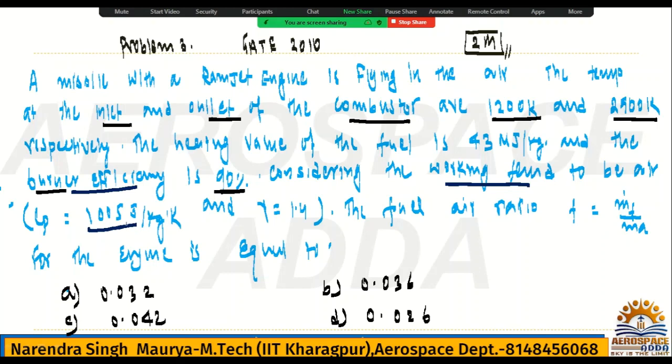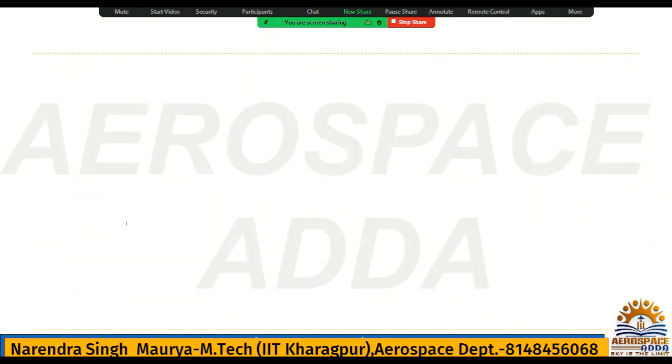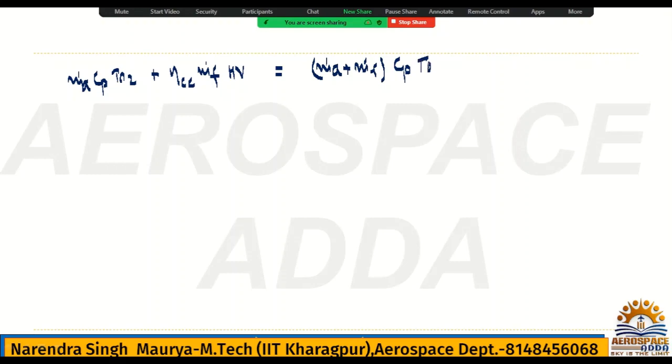Hope you understood this. So now I will write this equation once again. It is nothing but m dot, Cp is common, T naught 2 plus burner efficiency or combustion chamber efficiency into m dot F into heat value, is equal to m dot A plus m dot F, and Cp of gas they have not given, so I am writing only Cp so you can understand, and it is T naught 4.